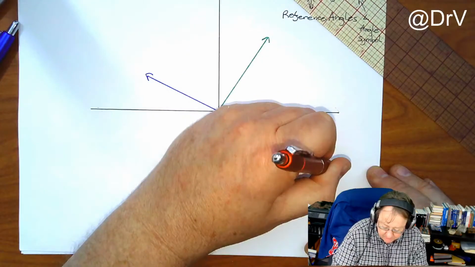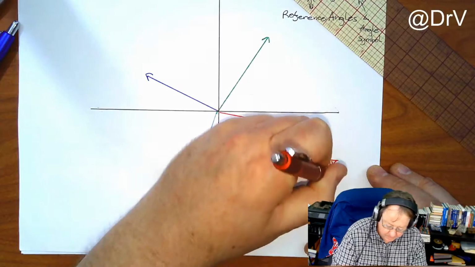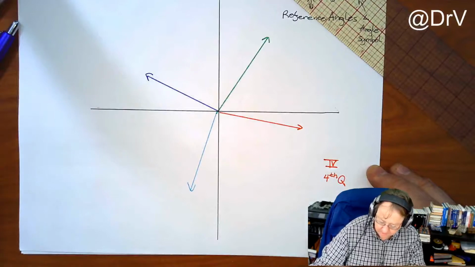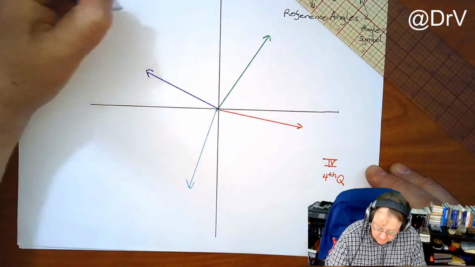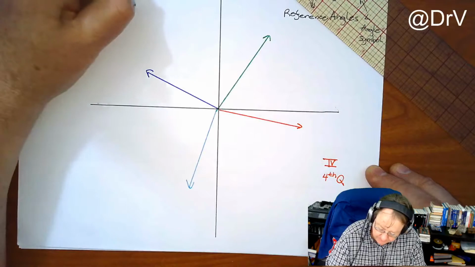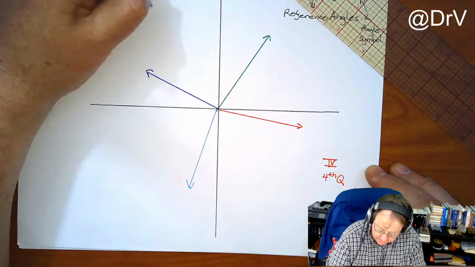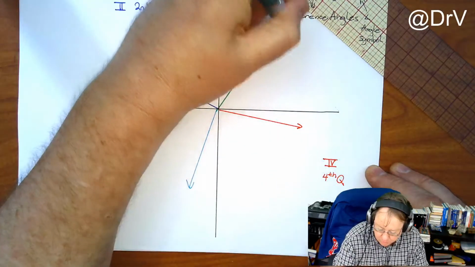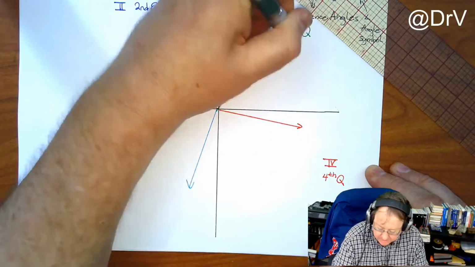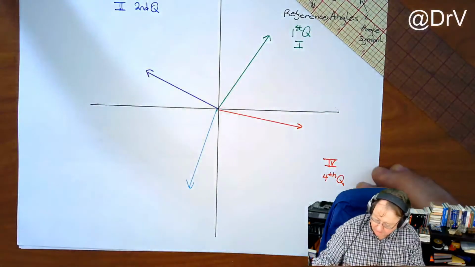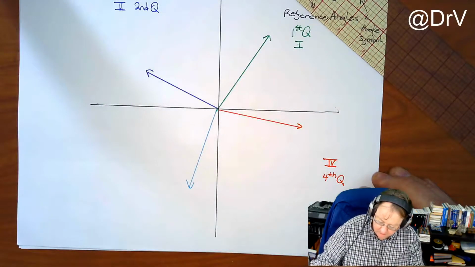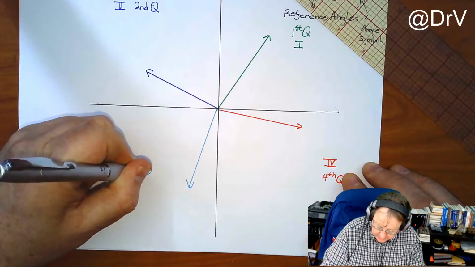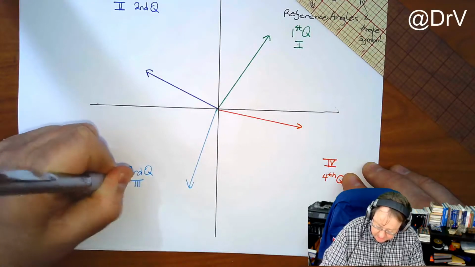So the 4th quadrant is down and to the right. The 2nd quadrant is up and to the left. The 1st quadrant is up and to the right. And then the 3rd quadrant is down and to the left.